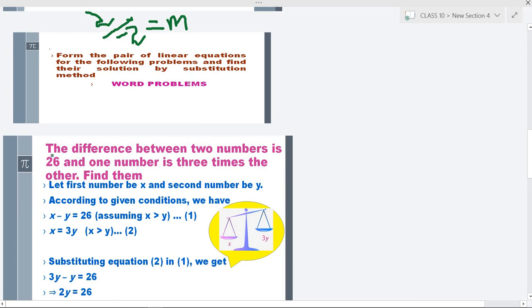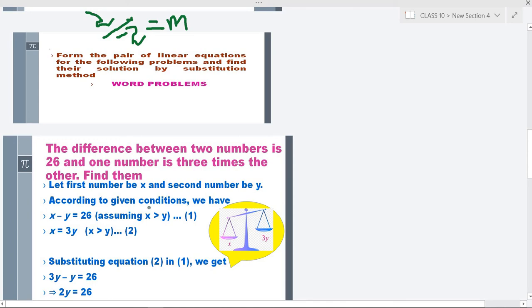Here the question says, the difference between two numbers is 26 and one number is 3 times the other number. The first condition is that the difference between two numbers is 26. Whenever we take the difference, we must always assume one number greater than the other and apply that condition. So let the first number be x and the second number be y.